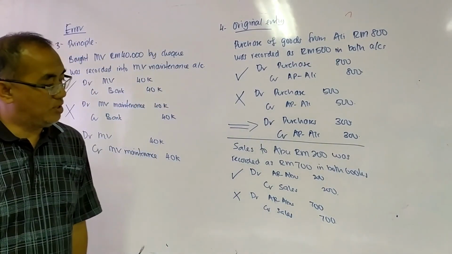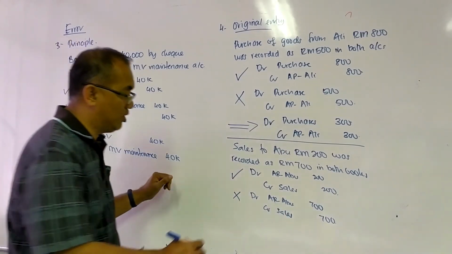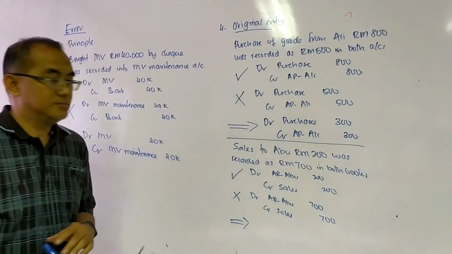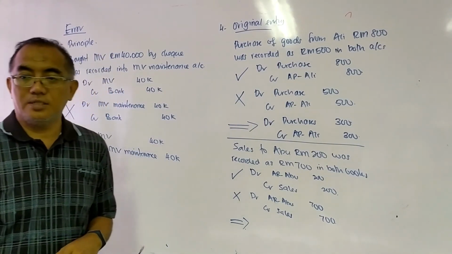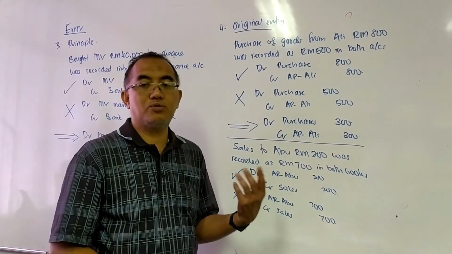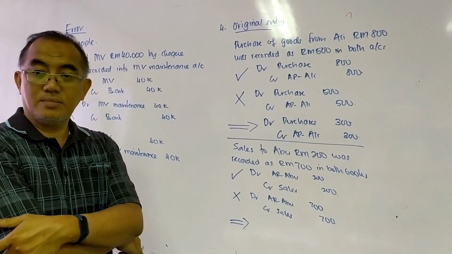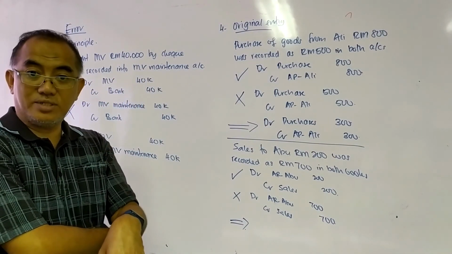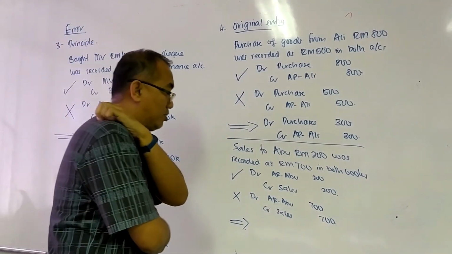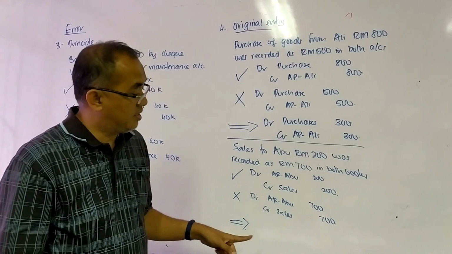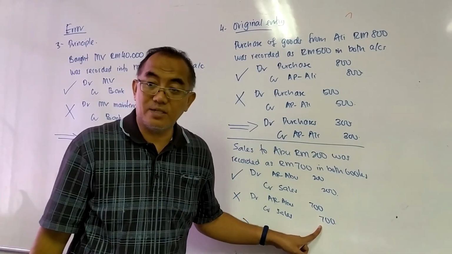So how do you want to make the correction? Do you have to reduce sales or increase your sales? You have to reduce your sales, because your actual sales is only 200, but you have mistakenly put it as 700.